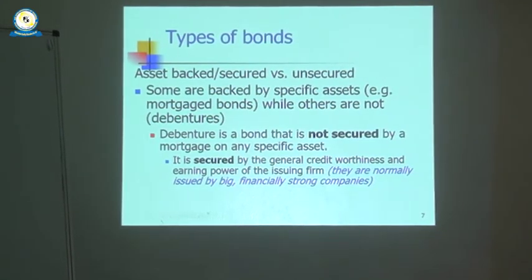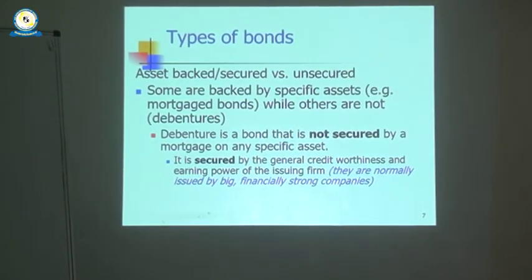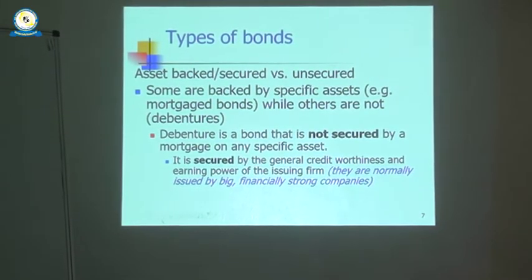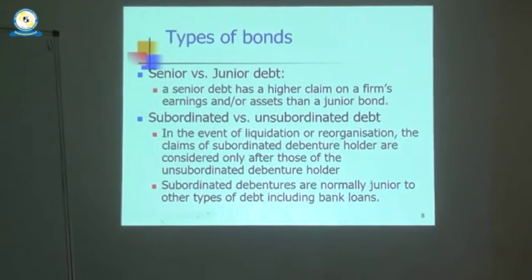A debenture is a bond that is not secured by a mortgage or any other specific asset. It is only secured by the general worthiness and earning power of the issuing firm. So they are normally issued by big, financially strong companies. That is one type of the bond.